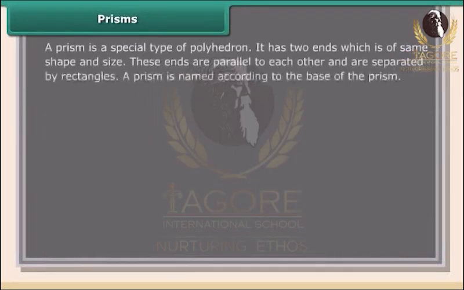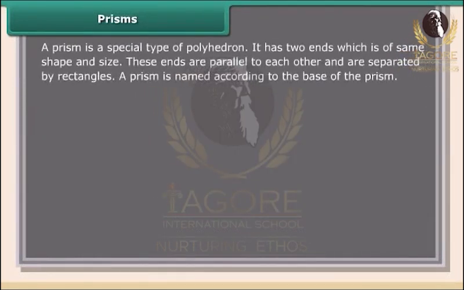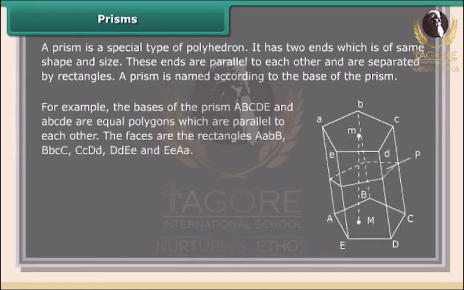Prism: a prism is a special type of polyhedron. It has 2 ends which are of the same shape and size. These ends are parallel to each other and are joined by rectangles. A prism is named according to the base of the prism. For example, the bases of the prism ABCDE and A'B'C'D'E' are equal polygons which are parallel to each other.